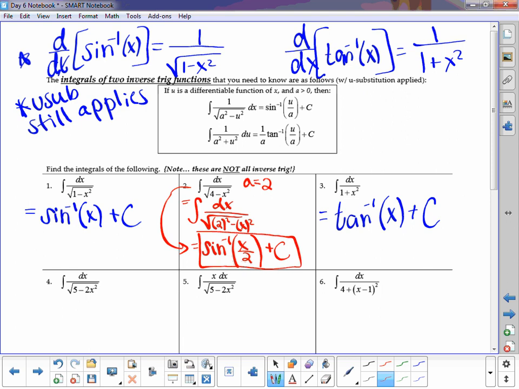All right, questions on that? It's really not too bad. Now let's take a look at a little more complicated one with number 4. We've got more than just a 1 and more than just an x.